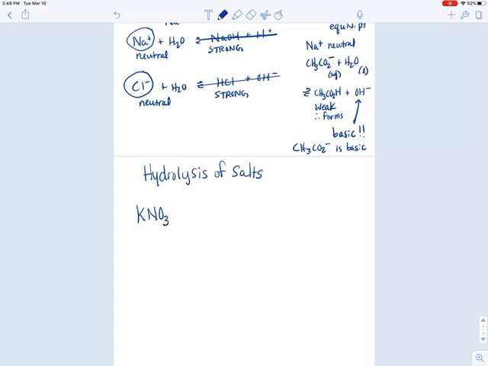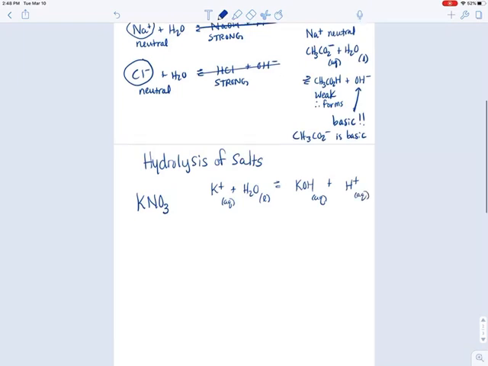If you don't want to write out the entire equation, of K+ and H2O giving rise to its products of KOH plus H+, then what you could do instead is a quick shortcut and react the water as HOH, crisscross the positively charged species with the OH of water and the negatively charged species with the H of water and see what you get.